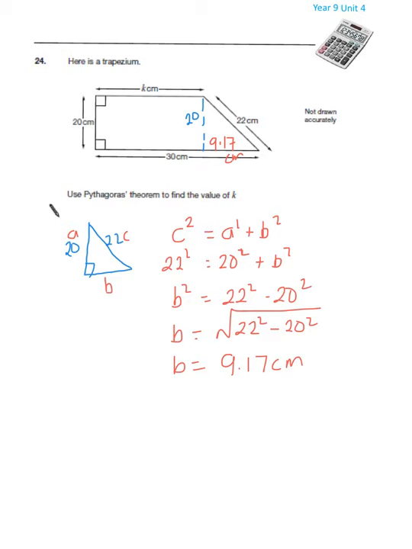Therefore, I can work out what k is. The whole length here is 30 centimetres, so k will equal 30 minus 9.17, which is 20.8 centimetres.